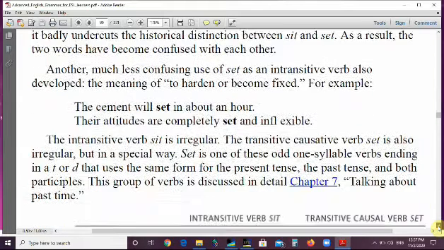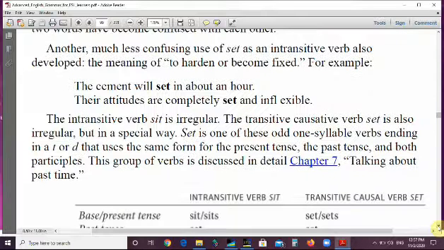Another much less confusing use of set as an intransitive verb also developed, with the meaning of to harden or become fixed, a new meaning that's added to the verb. The cement will set, so the cement will harden or become fixed in about an hour. Their attitudes are completely set, become fixed and inflexible.